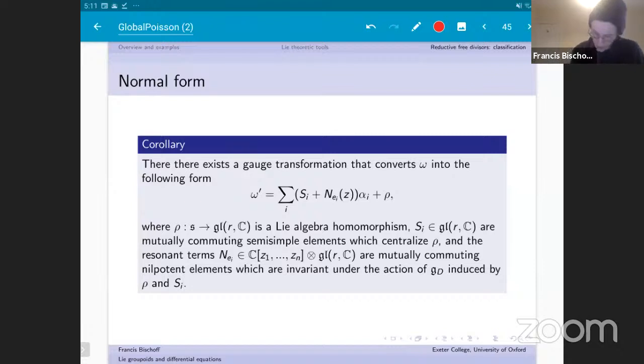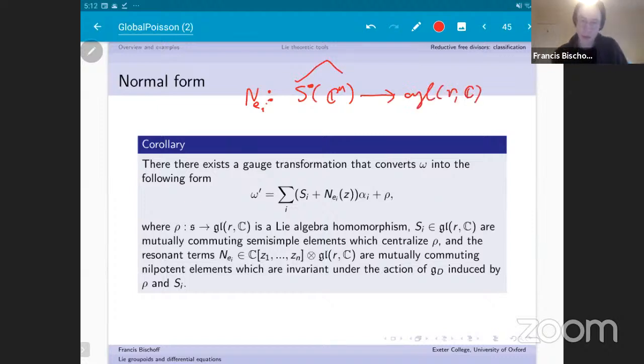Yeah, so you can think of it like this: n, I can think of it as a map from the symmetric algebra of c to the n, completed if you want, that would be like the power series, to GLR C. Now this has a representation of the reductive group, and this also has a representation of the reductive group.